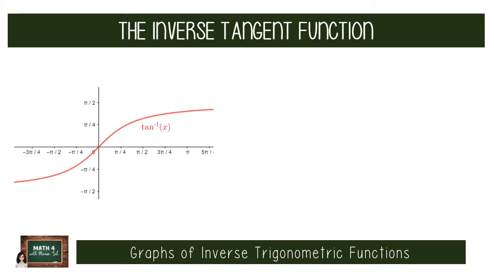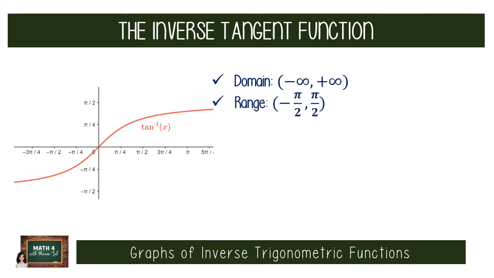Let us also have a closer look at the graph of f of x is equal to the tangent inverse of x. If we carefully examine the graph, we will be able to identify the following properties. First, its domain is from negative infinity to positive infinity, and its range is from negative pi over 2 to pi over 2 exclusive. Looking at the point of intersection between the graph and the axes, we see that the x-intercept is 0 and the y-intercept is 0.